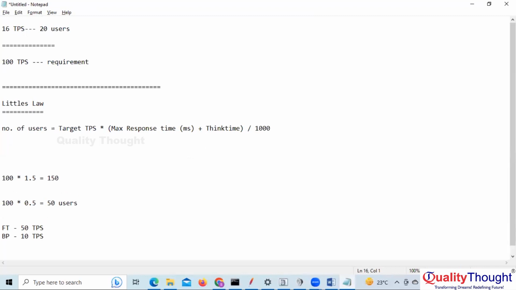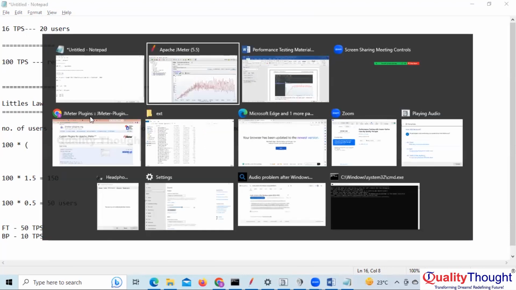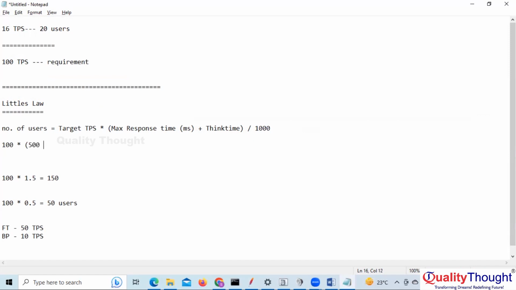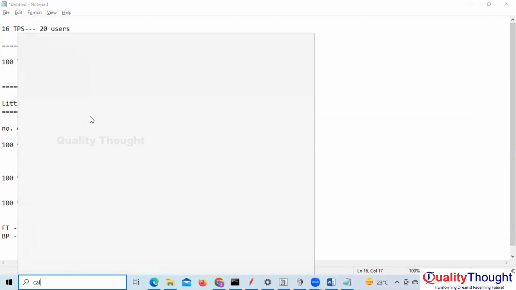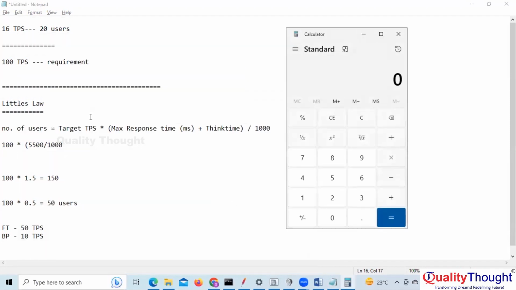So what is our target here? 100, right? 100 into. What is our max response time? 500 plus 500 plus 5,000, that is 5,500 divided by 1,000. In that case, we got 100 transactions per every user, right?